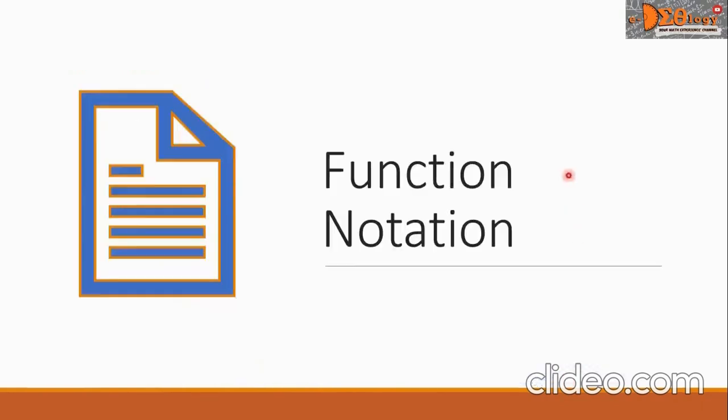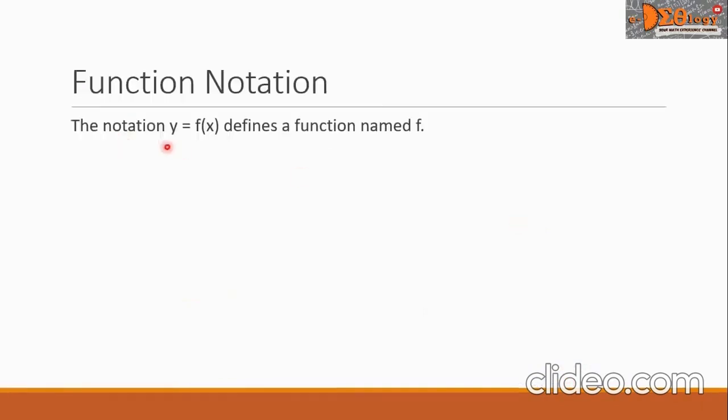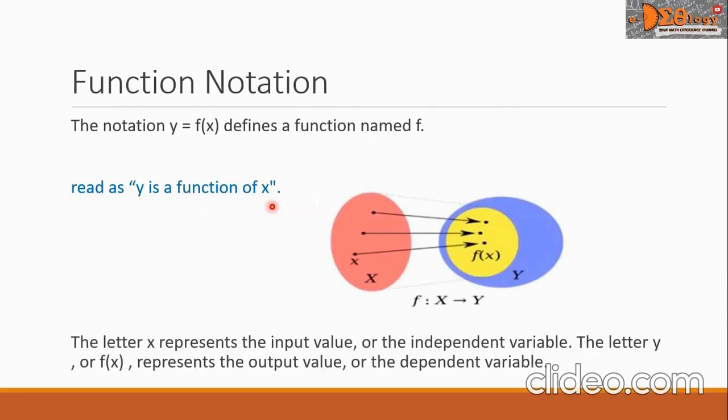Let's go now to function notation. The notation y equals f of x defines a function named f. Read as y is a function of x. The letter x represents the input value or the independent variable.